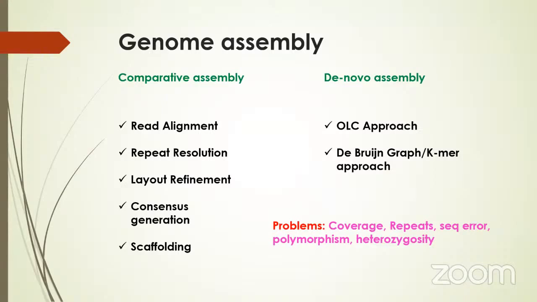Okay, clear? Another terminology I am introducing here: what is a scaffold, what is a contig, and what is coverage. You must have these concepts. First, what is a contig?